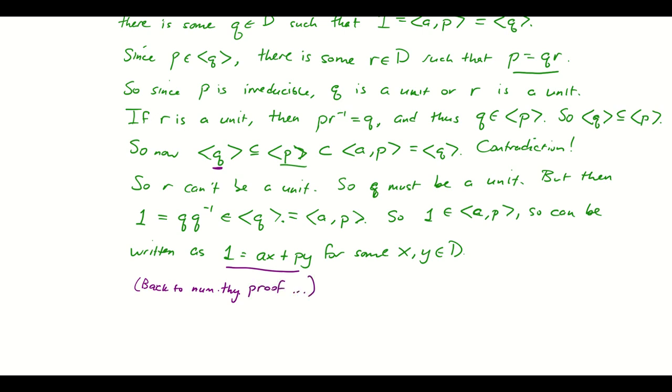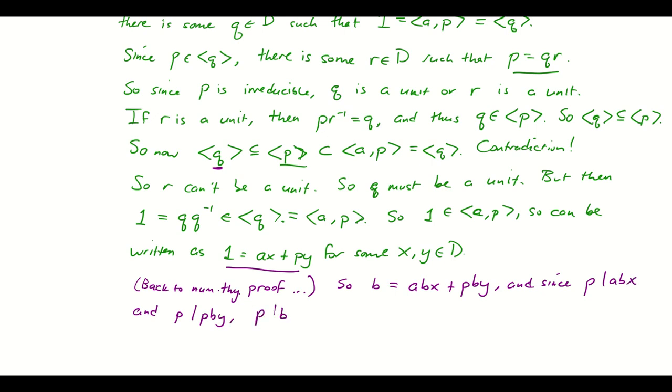So since 1 is equal to AX plus PY, we know that B is equal to ABX plus PBY. And since P divides AB by our assumption, and P certainly divides PBY, I guess I could just go ahead and say P divides ABX as well, because P divides AB.